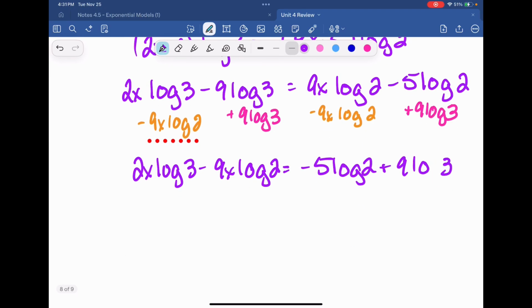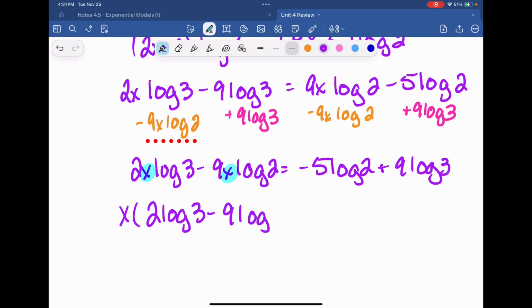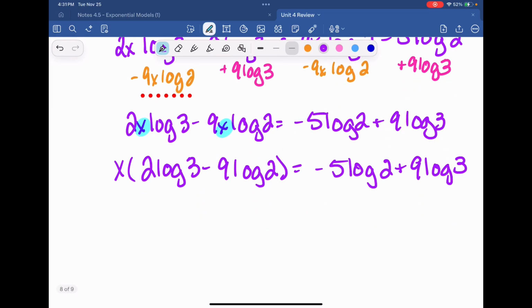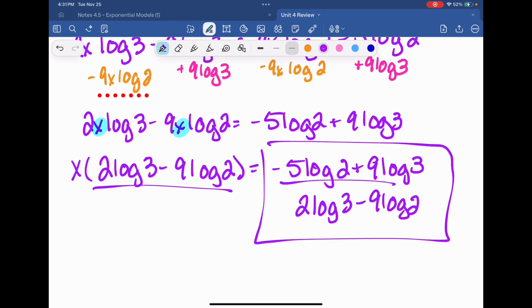Now then we're going to divide. I'm not going to write it twice, but I'm going to divide by this. This is your exact answer.